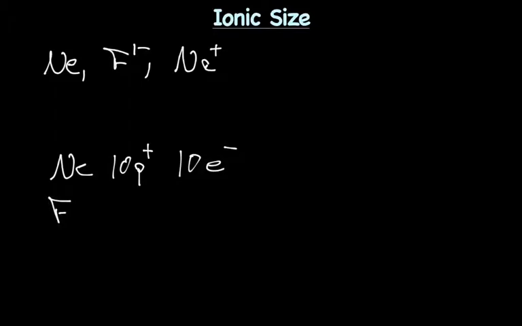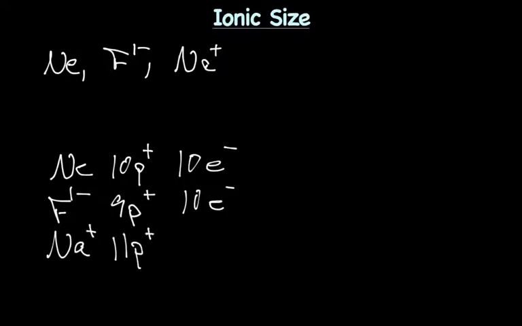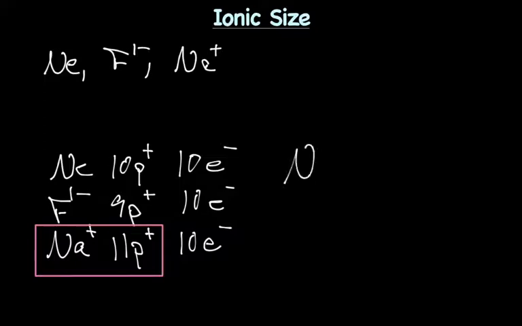Fluorine ion has 9 protons and 10 electrons. Sodium ion has 11 protons and 10 electrons. So which one of these is going to be the smallest? The one that's the smallest is the one with the strongest nucleus, which would be sodium. So sodium is the smallest.